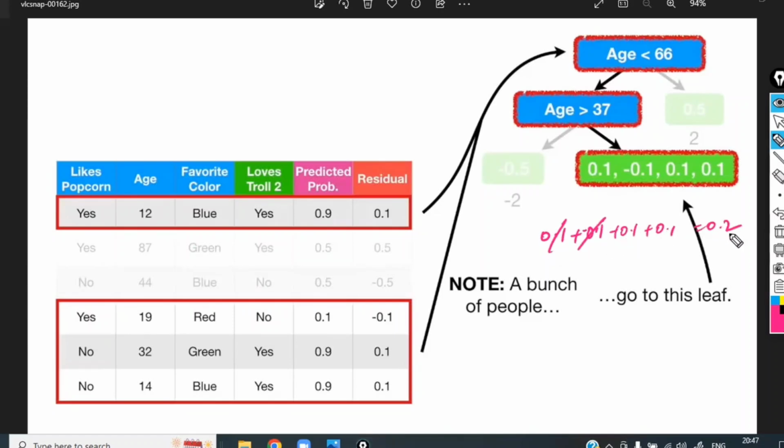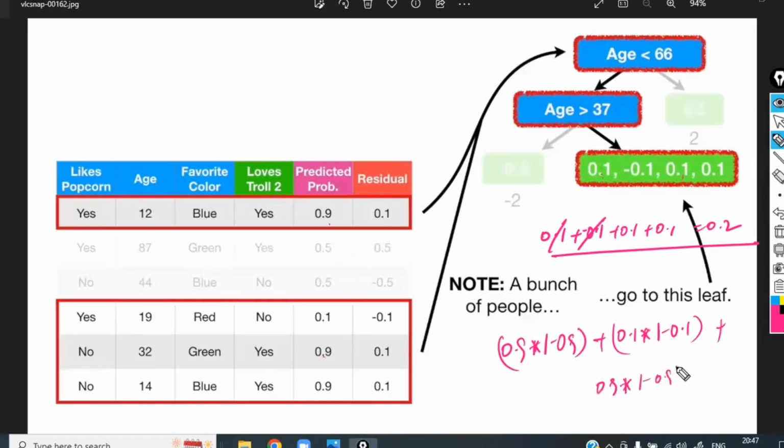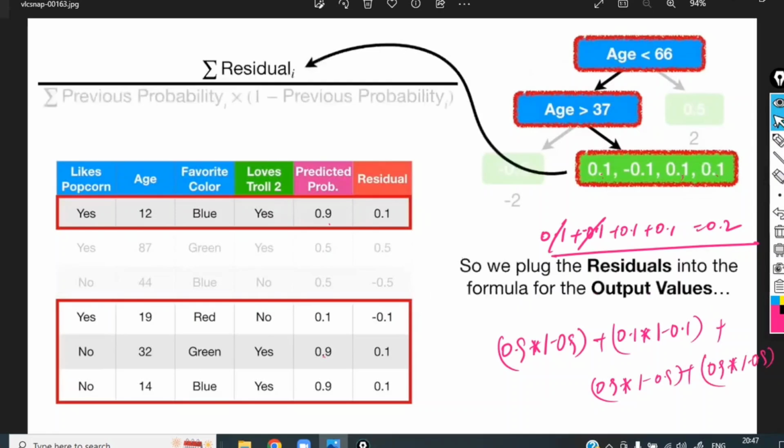That is, the numerator is 0.2, divided by the previous probability of the first record, 0.9 into 1 minus 0.9, plus for the next record 0.1 into 1 minus 0.1, plus for this record 0.9 into 1 minus 0.9, plus for this record 0.9 into 1 minus 0.9. Like this we are going to calculate.